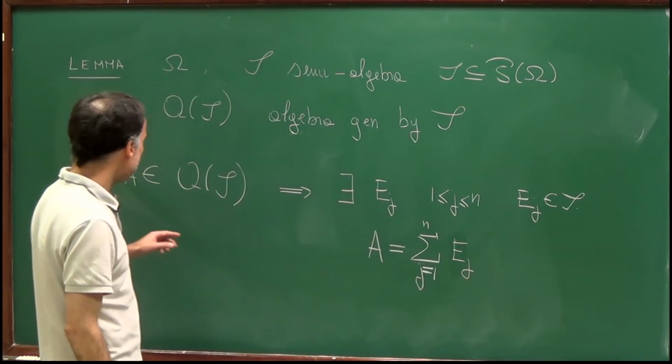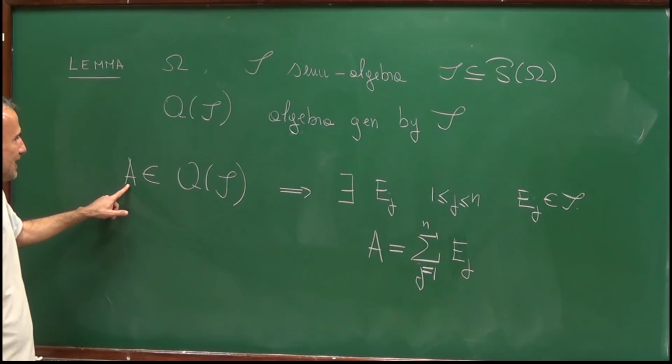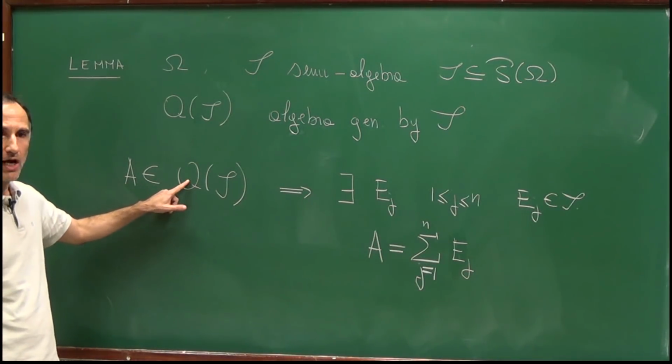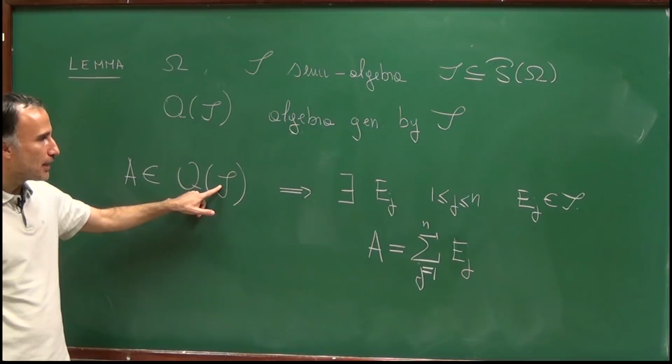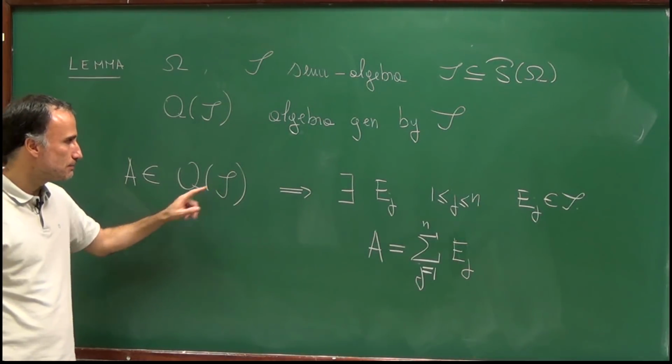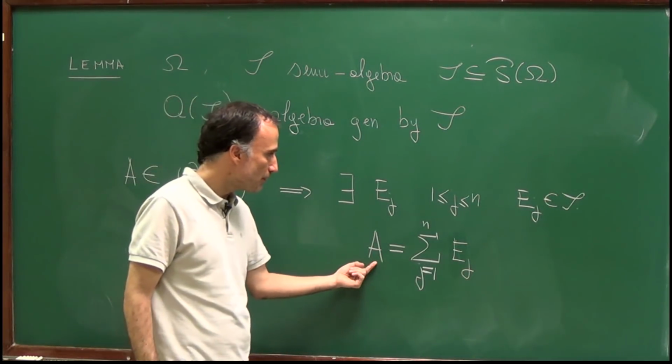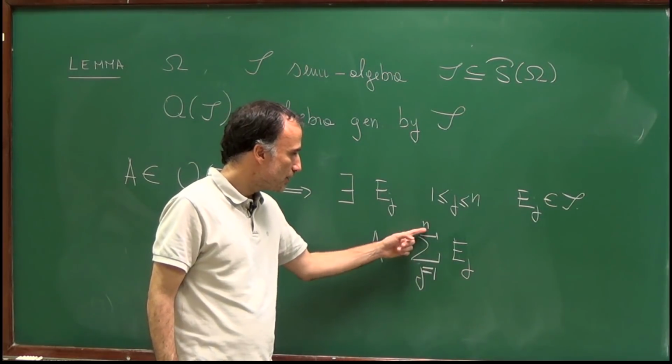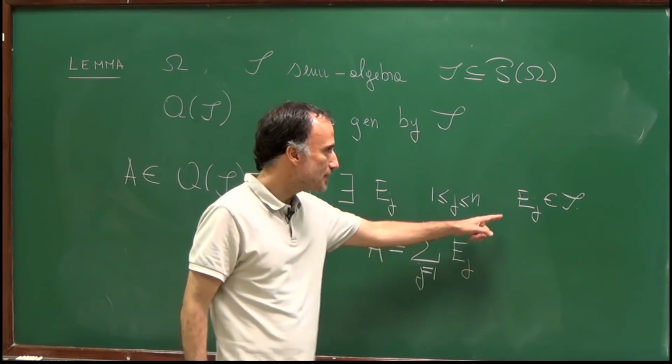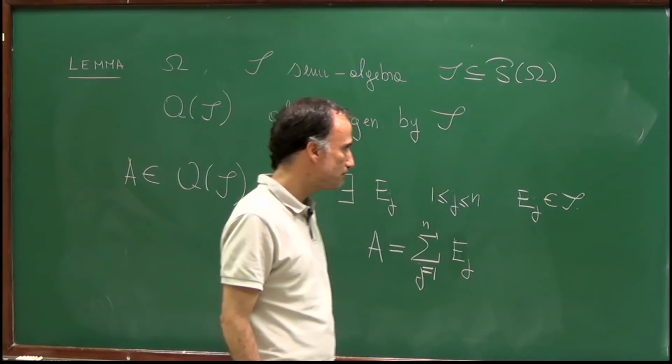So this lemma is telling me that any element of the algebra generated by the semi-algebra S can be written as a finite disjoint union of elements of the semi-algebra.